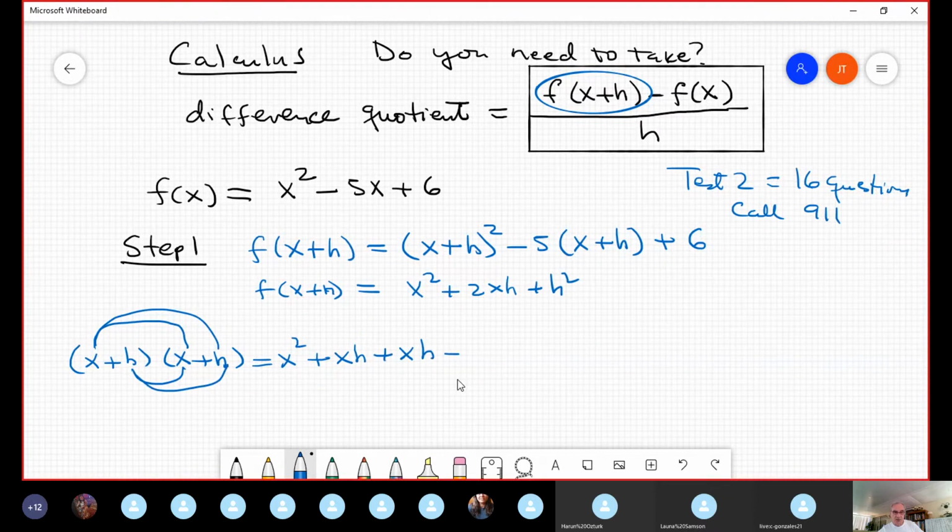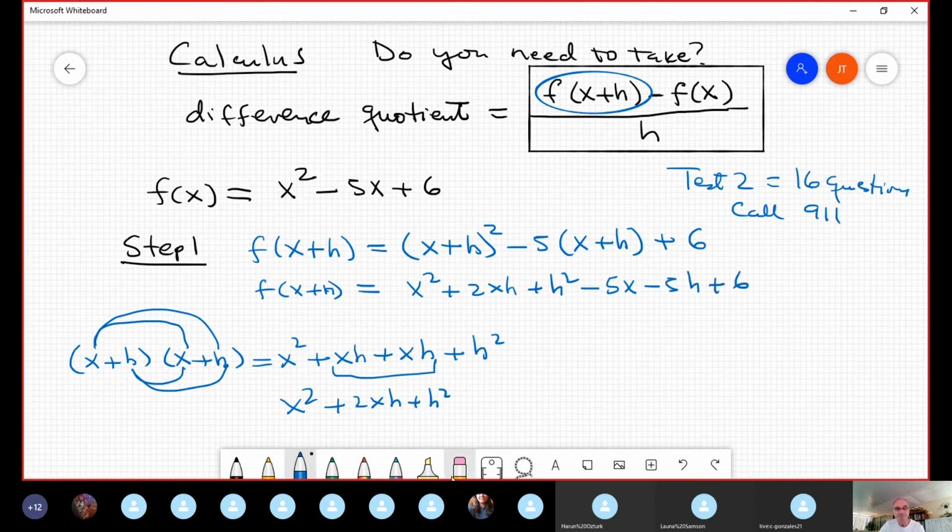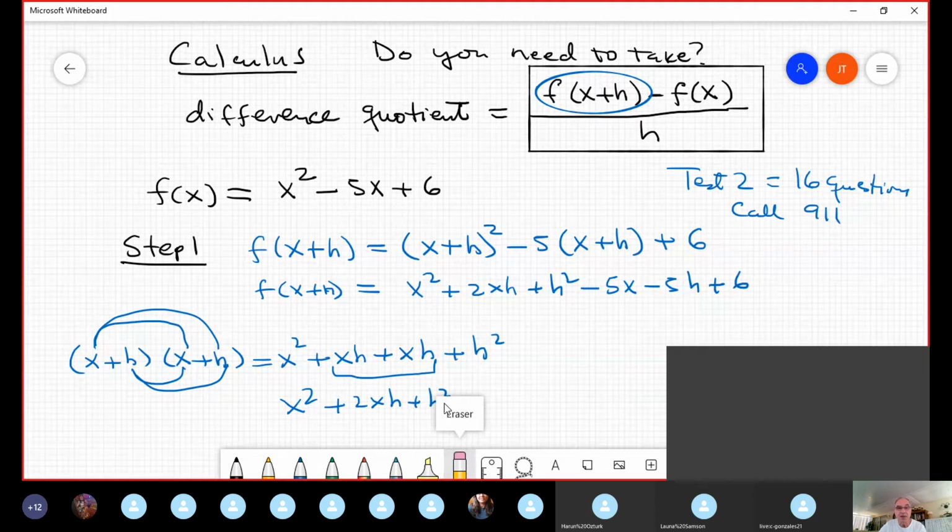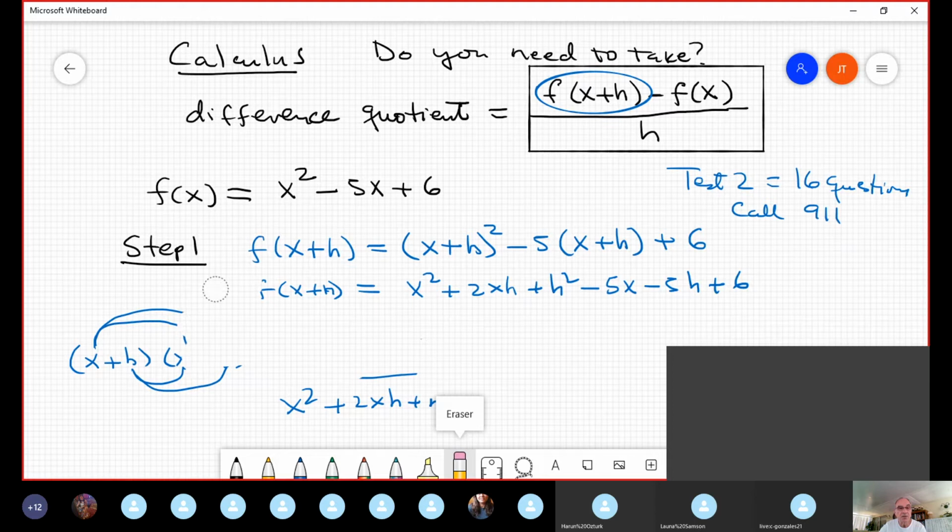And this is h squared. When you combine like terms, it's x squared plus 2xh plus h squared. It's exactly the same as I put here in my memory, no? Minus 5x minus 5h plus 6. Everyone understands this is step one? Easy or complicated? Yeah, I understand, professor. Okay. Very well.